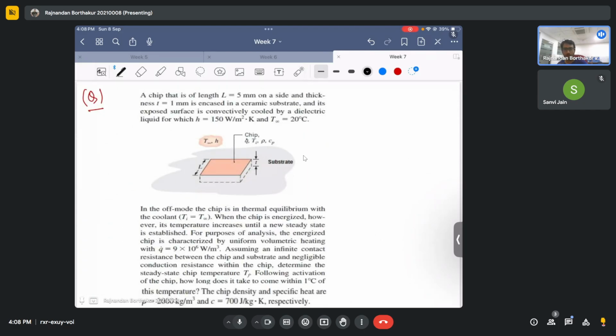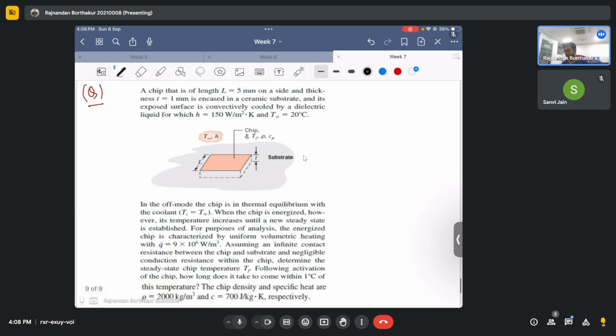The next problem is an important problem, and we will see how it goes. Meanwhile, if you have any doubts, you can ask me, or else you can read this problem at your end.